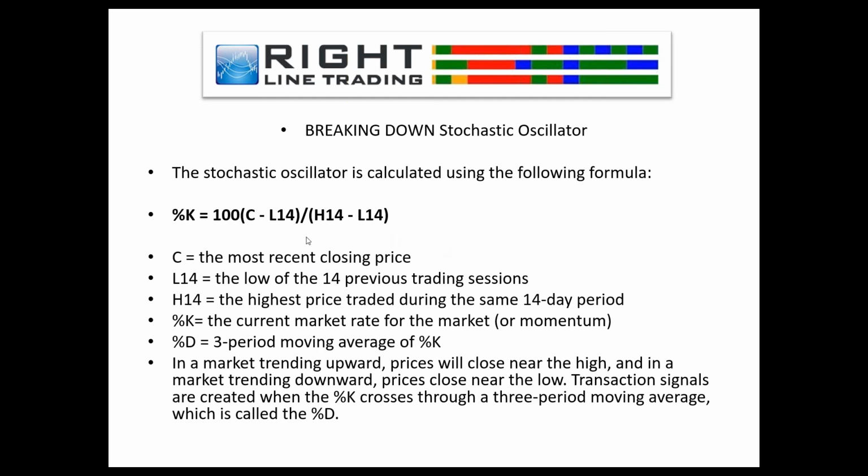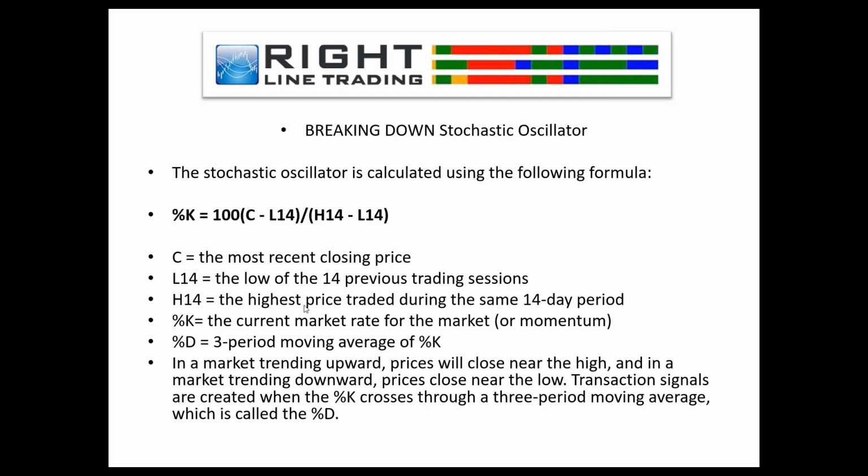And what the stochastic indicator does, it looks at the 14 previous lows. And if you're trading, say, a 1 minute bar, it's going to look at the low of the previous 14 1-minute candles, and it forms a 14-period moving average.